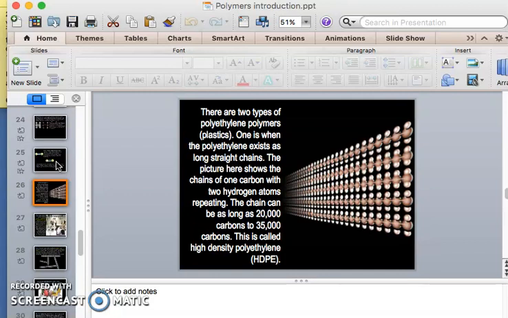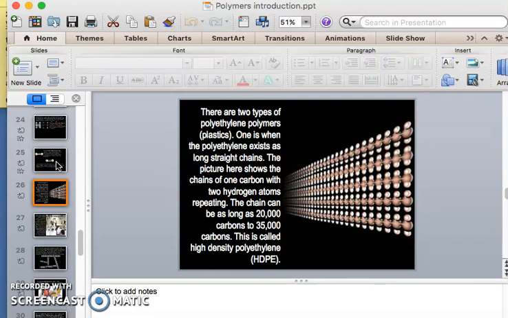So you get C, C, and that double bond moves again, so that this is responsible for the bond between the next carbon. And you can see how this is going to go. And it keeps going on for millions and millions of monomers repeating themselves, and we get a polymer.